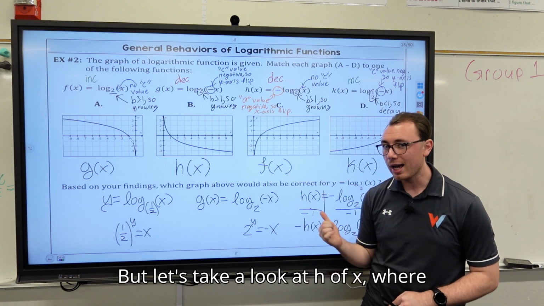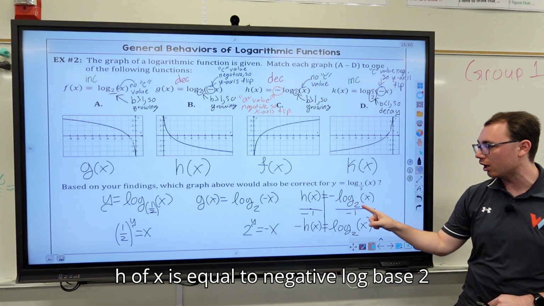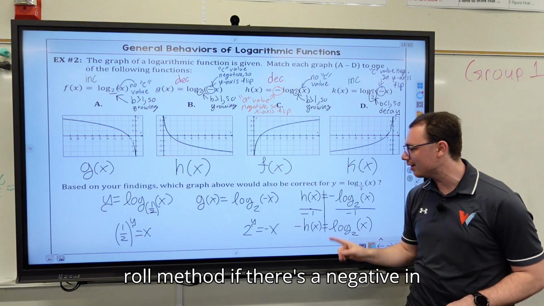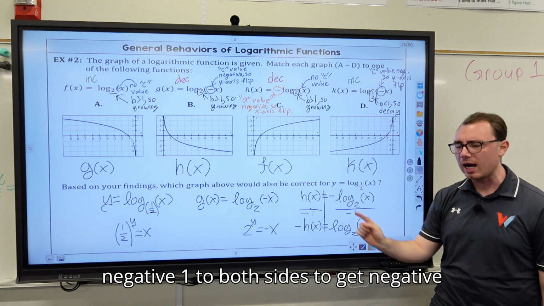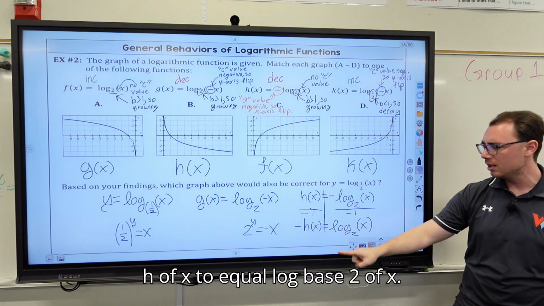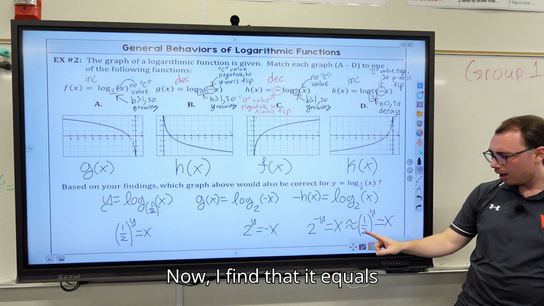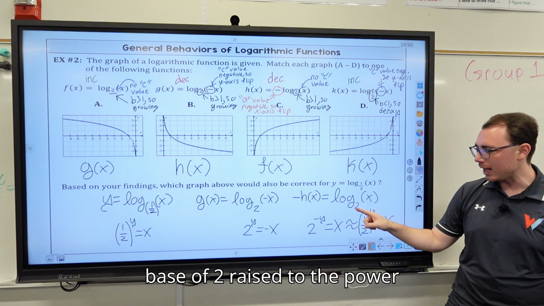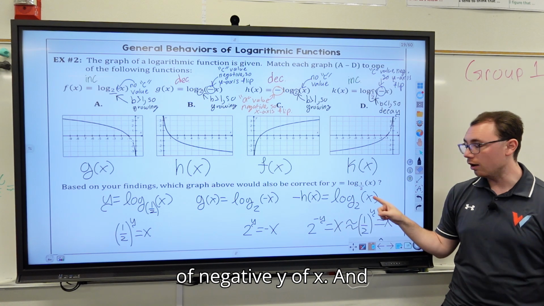But let's take a look at h of x, where h of x is equal to negative log base 2 of x. I can't really use that method if there's a negative in front of my log. So I'm going to divide by -1 on both sides to get negative h of x equal to log base 2 of x. Now I find that it equals the base of 2 raised to the power of negative h of x.